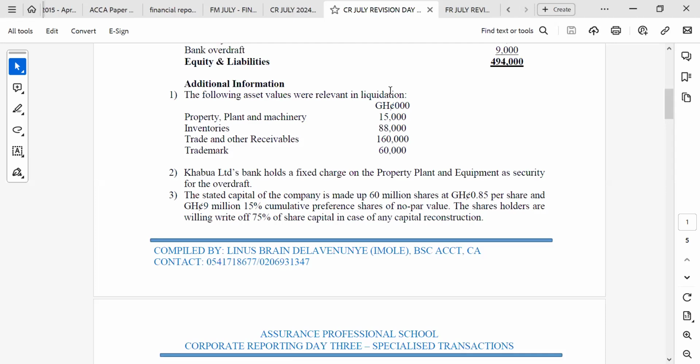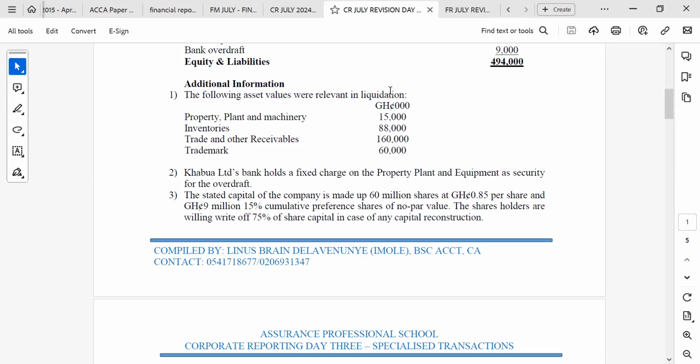Okay, I will take that with the assumption that the shareholders are the owners of the company. The shareholders are willing to write off 75% of the share capital in case of any capital reconstruction.